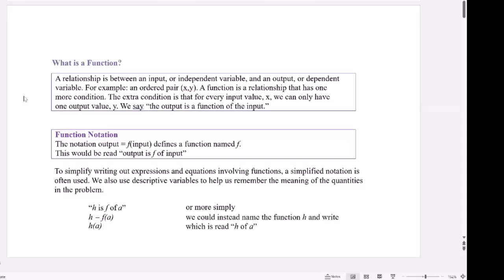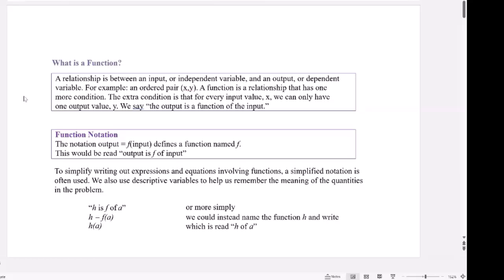A function is a type of relationship that has an extra condition: for every input value x, we can only have one output value y. And we say the output is a function of the input.